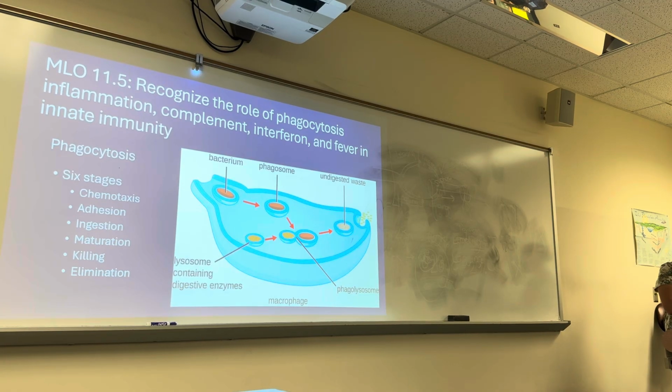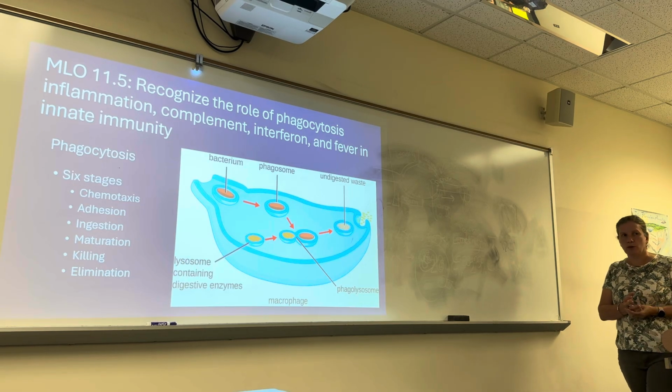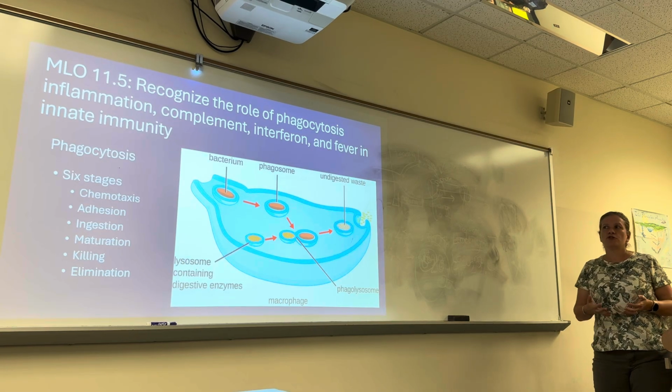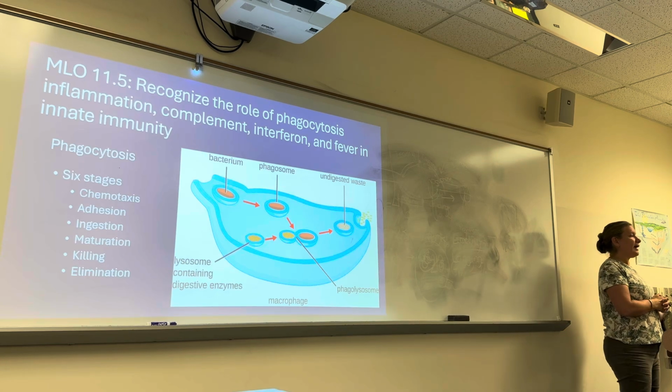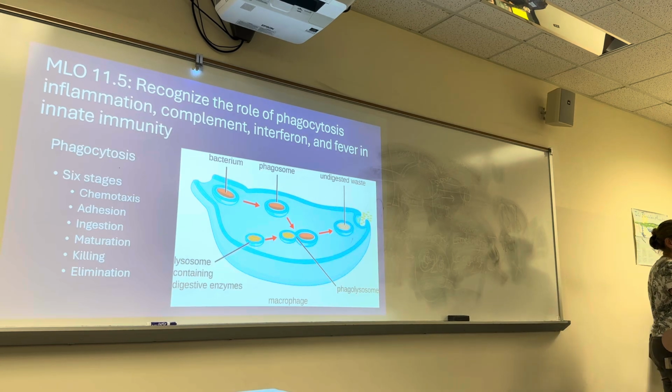Phagocytic cells have to recognize what is foreign, what are the microbes. So to do so, they have receptors on the surface of the cell. These are referred to as toll-like receptors.